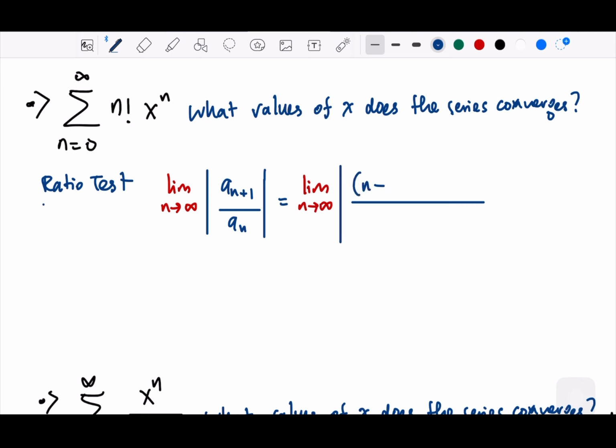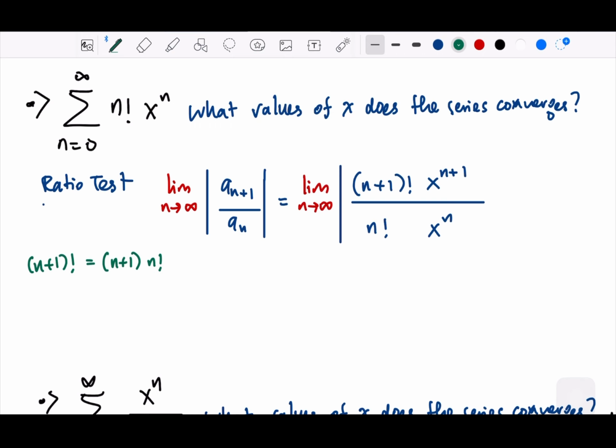This will be n plus 1 factorial, x to the n plus 1, over n factorial and x to the power of n. And remember that n plus 1 factorial is equal to n plus 1 multiplied by n factorial.